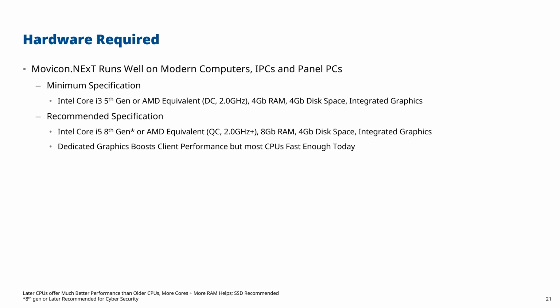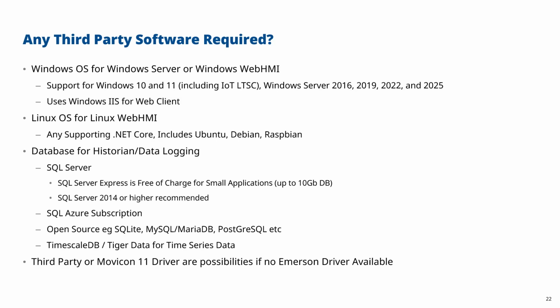Movicon needs an operating system. So the first thing you need for third-party software is the Windows operating system itself. For any of the server or web HMI running on Windows, you need Windows 10 or Windows 11. You might say that Windows 10 is discontinued. That's not strictly true. Windows 10 is out of mainstream support, but you can still get extended support.